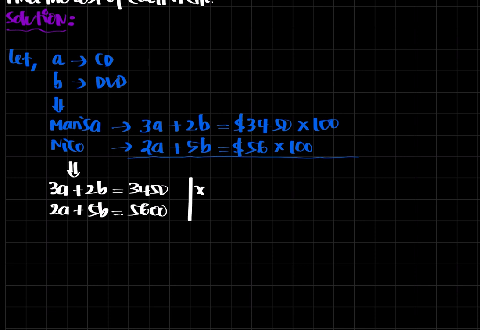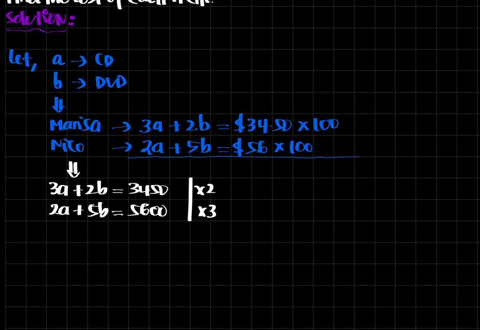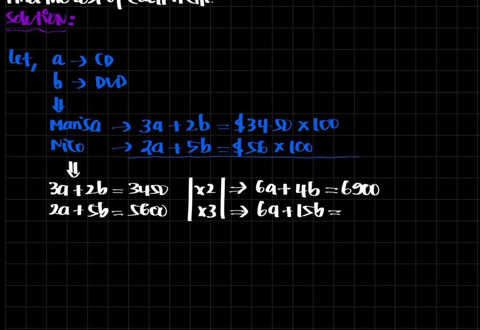Why multiply by 3? Because I want to remove A first, so I can find the variable B. So 6A plus 4B equals 6900, and 6A plus 15B equals 16,800.